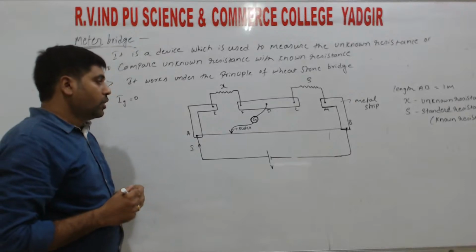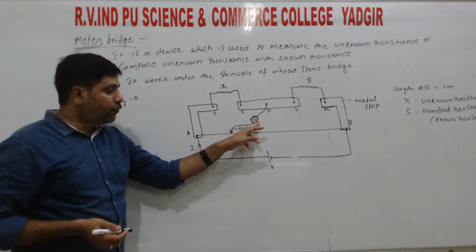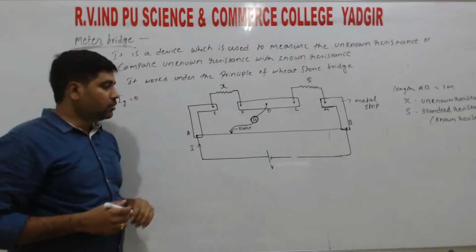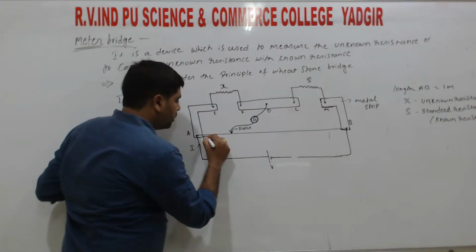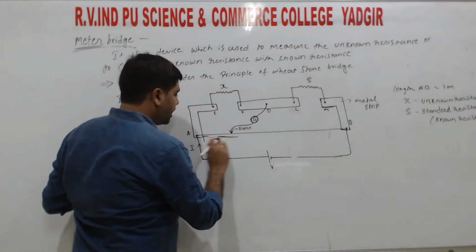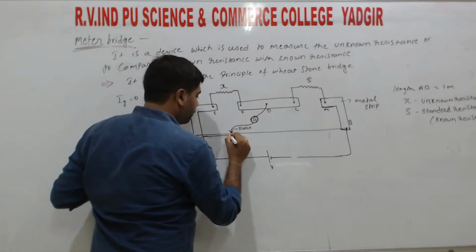So now to achieve the balanced condition, the current flowing through the galvanometer being zero, here a 1 meter scale is placed beside the wire.